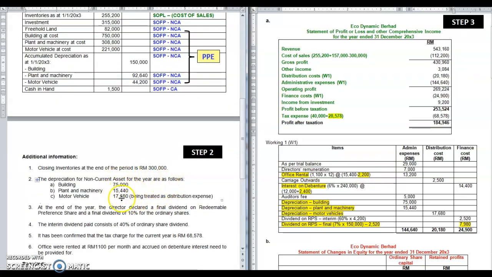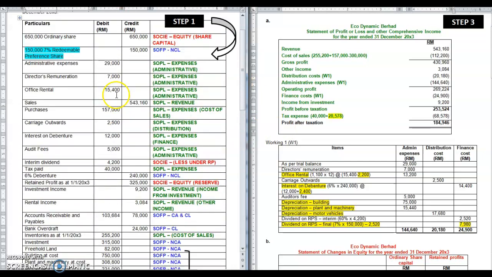And don't forget, while you classify the expenses into their function correctly, you also need to adjust for the additional information given. As an example, additional information number 2 is about depreciation of a non-current asset. Depreciation is one of the company's expenses. Therefore, it shall be recorded in SOPL.